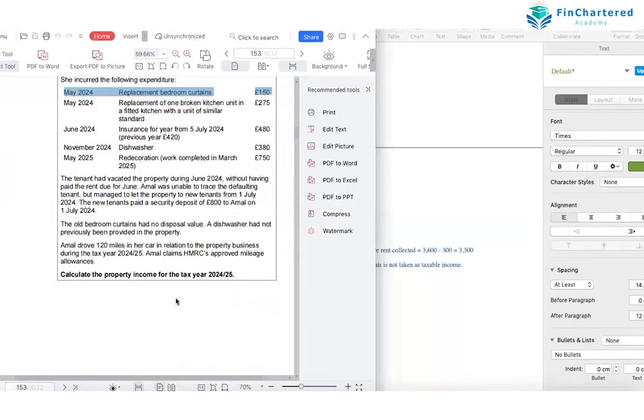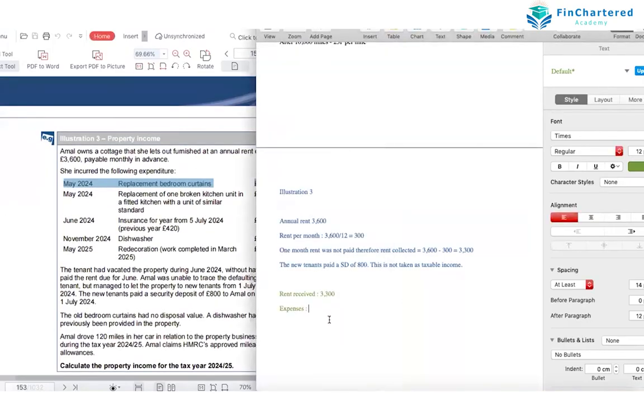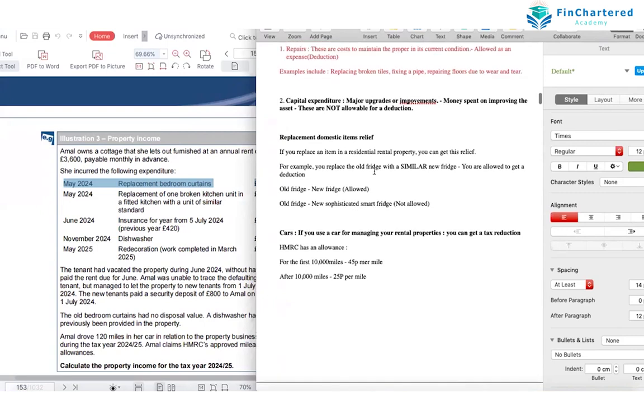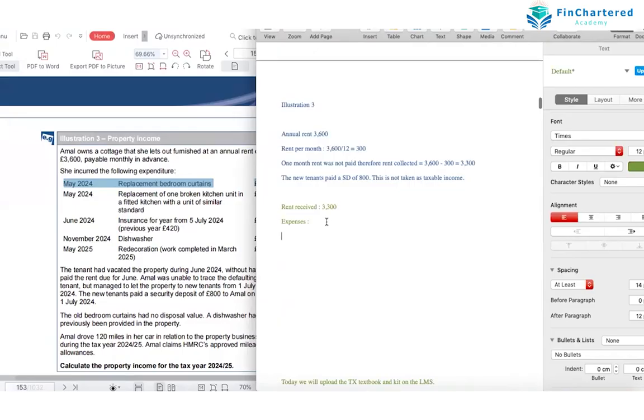The replacement amount we've seen is allowed, old curtains for new curtains, so you can deduct it. Replaced curtains, 150.